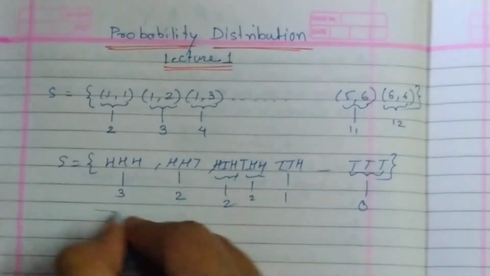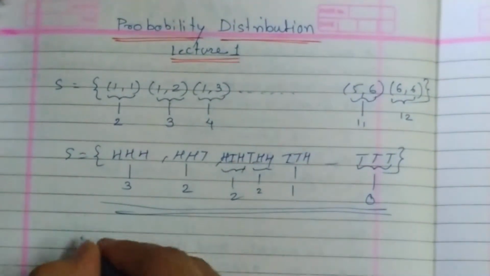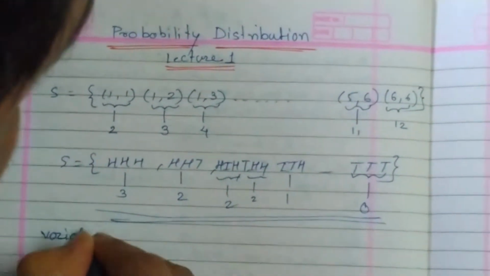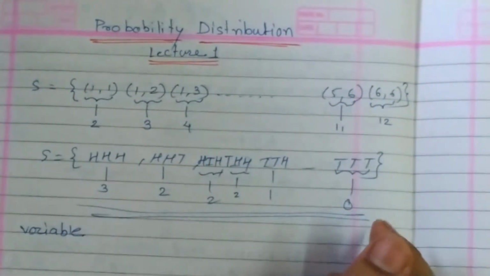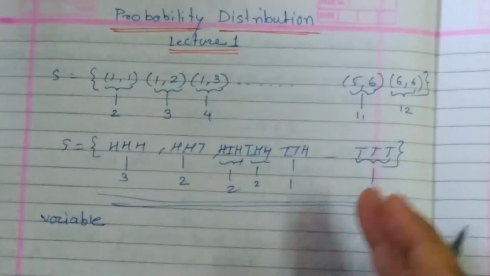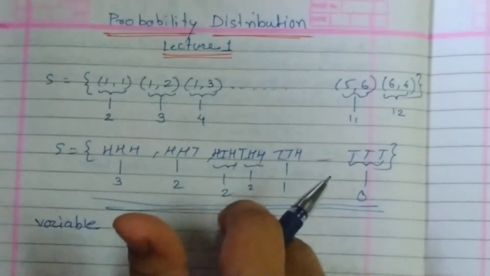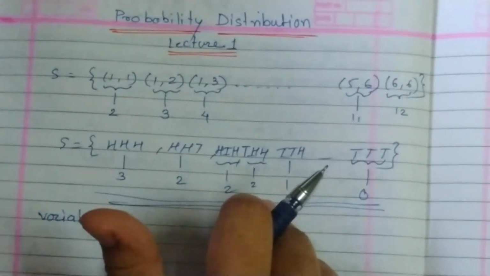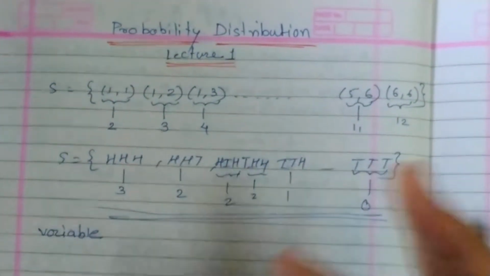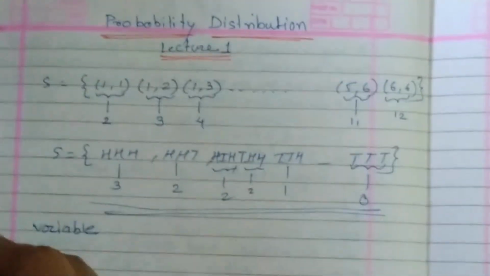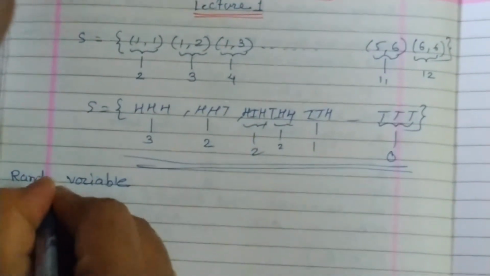So that means this assignment of the number is going to vary. Hence it is a variable. And this assignment depends on the experiment. Here I am assigning a sum and here I am assigning the number of heads, so that depends on my experiment. Hence it is known as a random variable.